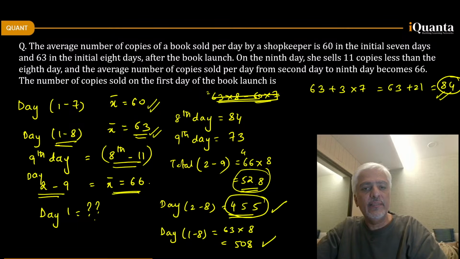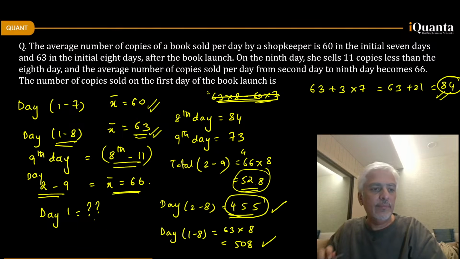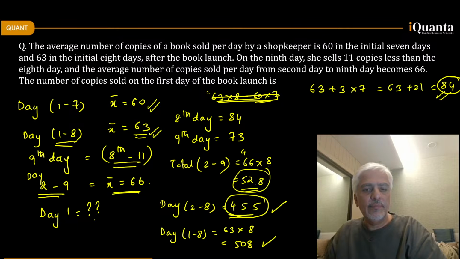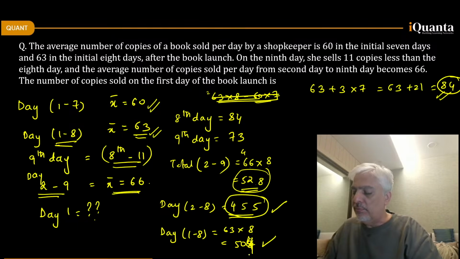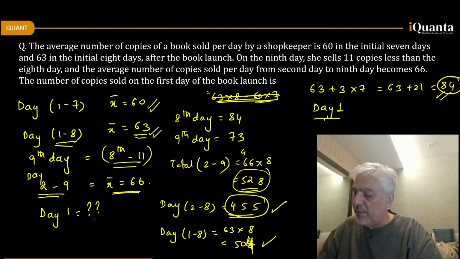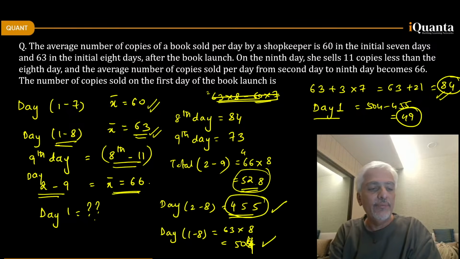That is also right. This is wrong: 8 3s are 24, 504. Right, so it becomes equal. Then day 1 will become how much? 504 minus 455, which will be 49. Correct. Small error in calculation.